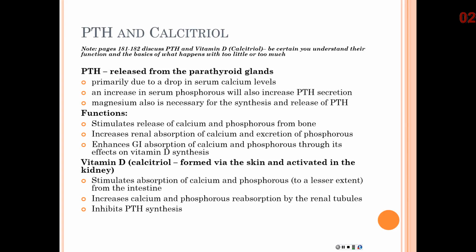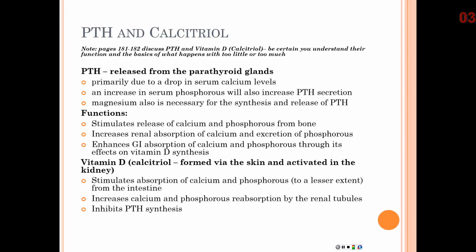You'll reabsorb those. Notice though that phosphorus is actually excreted at the kidneys. So PTH helps release it from the bone, so we increase it that way, but PTH also helps get rid of it at the kidneys.